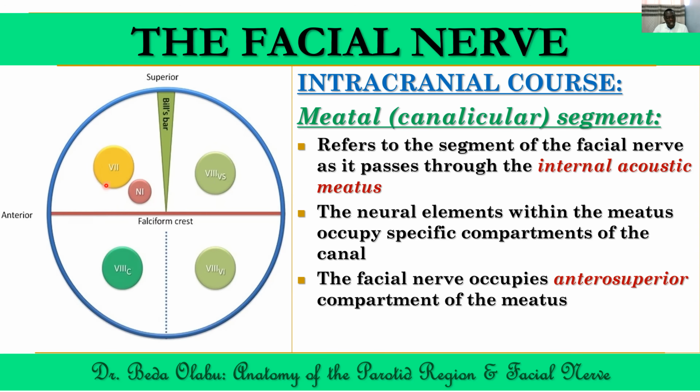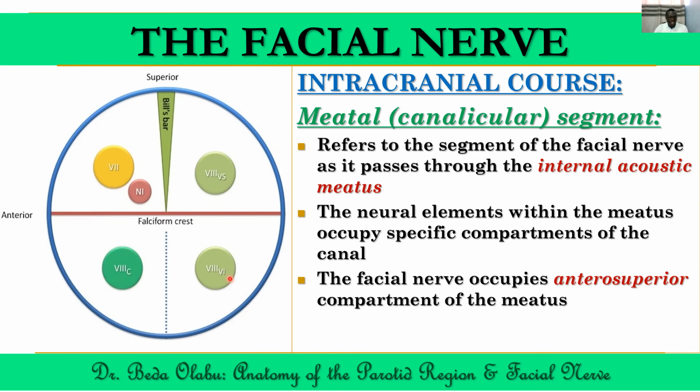So that one occupies the anterior superior aspect of the canal. Remember that the vestibulocochlear nerve consists of the cochlear and vestibular nerves. The cochlear nerve occupies the anterior inferior aspect of the canal.